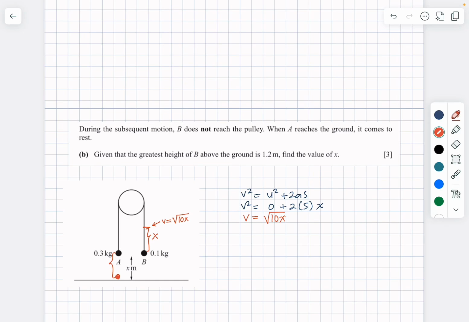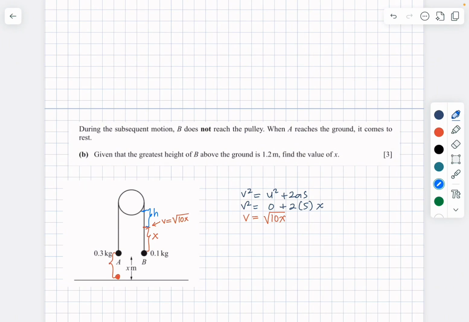And then after A reaches the ground, B still moves upward with the acceleration against the gravity. Let's say this height is h.